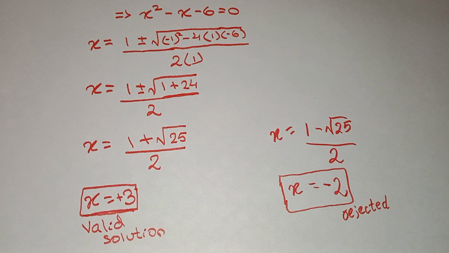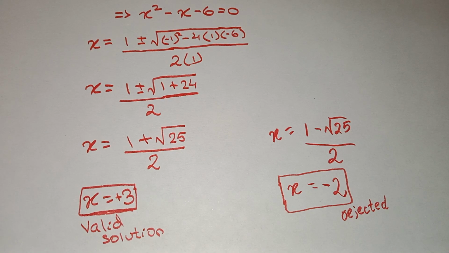This is called the valid solution, and this answer is known as rejected in exams. So whenever this type of question comes in your paper, you should always write these two statements: rejected or valid solution. A valid solution comes with the positive answer, and rejected comes with the negative sign. I hope you have reached my point, and this is all for today.